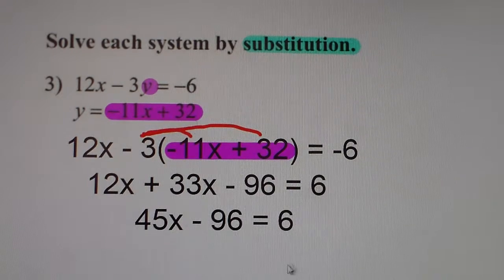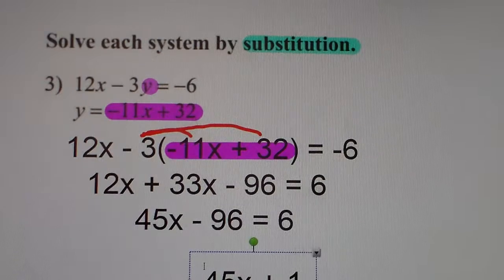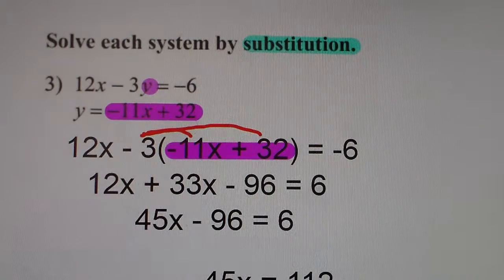Add 96 to both sides, you're going to get 45x equals 112. Let me make sure all my math is correct here.